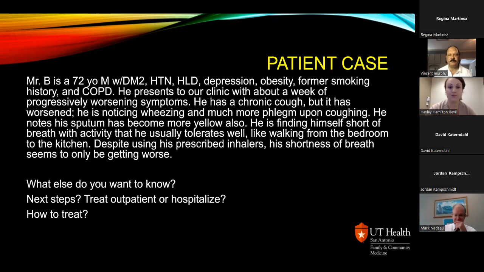He's noticing more wheezing and much more phlegm, sputum production than usual. He also notes that the color of his phlegm has changed to become more yellow. He finds himself getting short of breath with activity that usually doesn't bother him, like walking from room to room in his house. Despite using his prescribed inhalers as directed, his shortness of breath seems to only be getting worse.